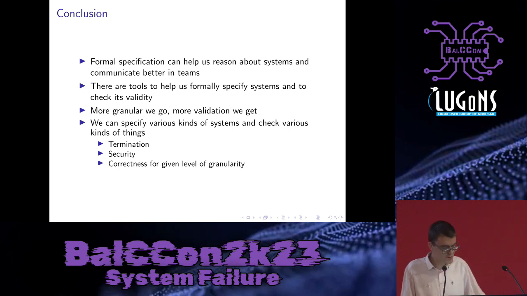So what I want to conclude with is that formal specifications can be used to detect bugs in design, and it is always better to detect failures in design before you actually start implementation, because it's much cheaper to detect something in design than to detect it in implementation by verification methods like unit tests, integration tests, or maybe theorem proving.